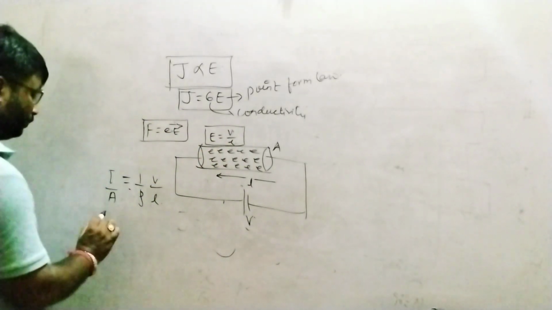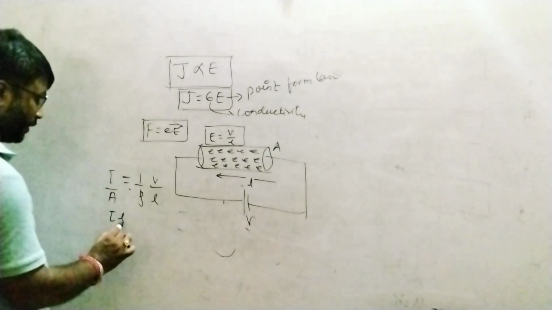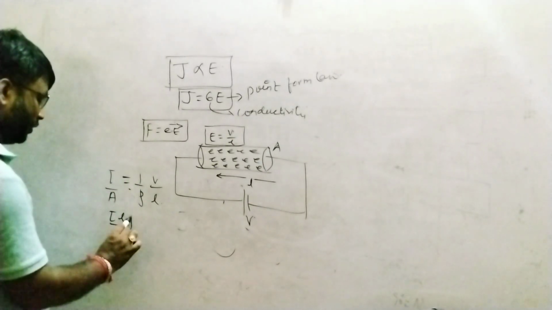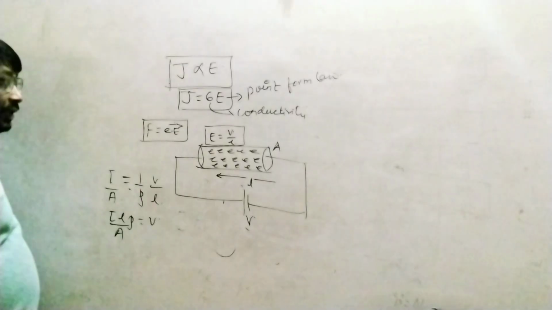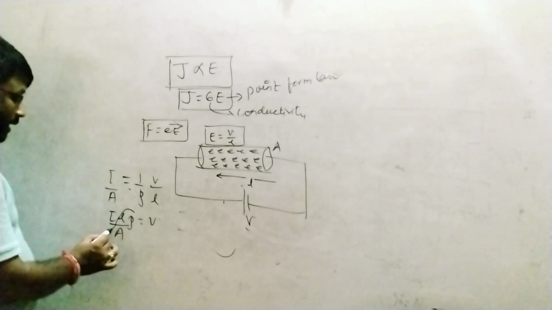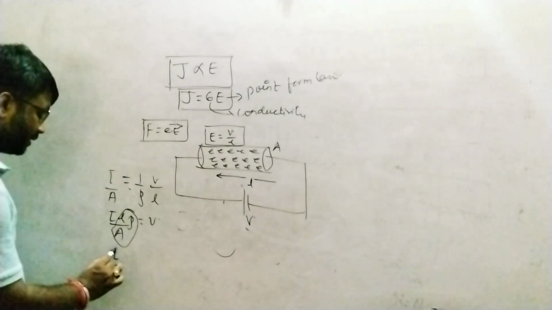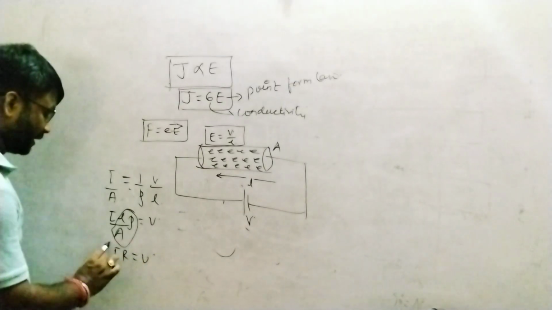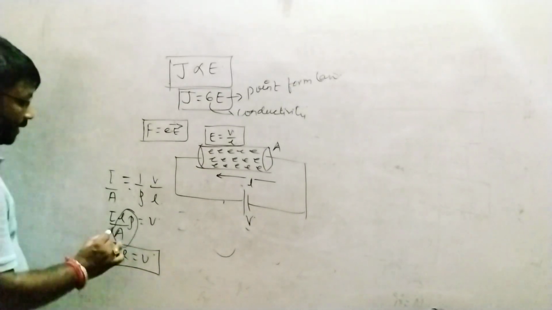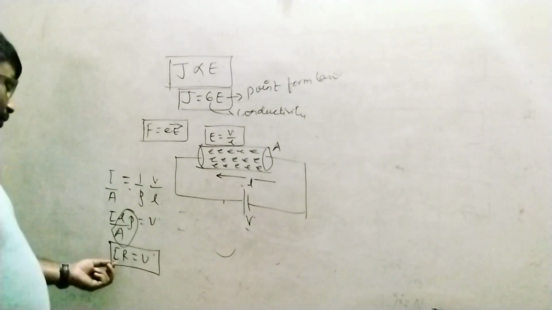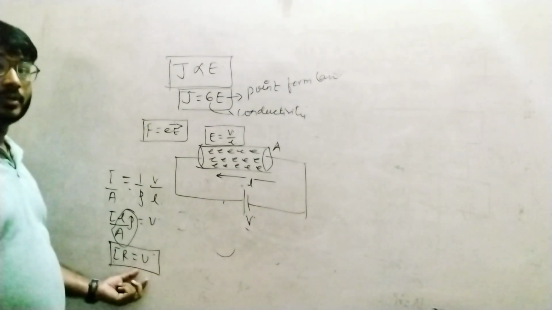We will get I into ρL by A equal to V. So what is ρL by A? It is nothing but R. So this is V = IR. This is one of the forms of Ohm's law.